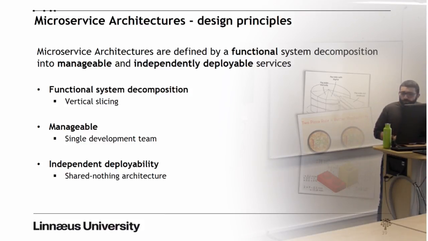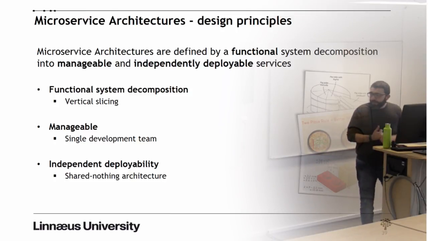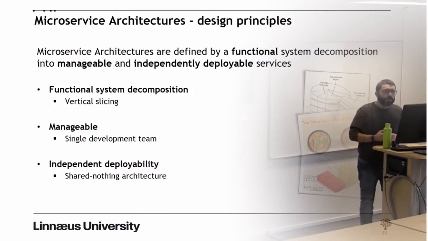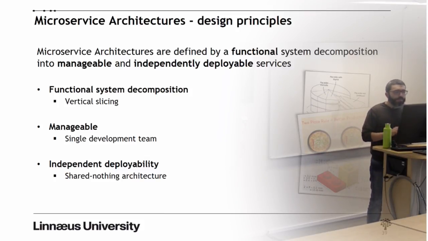Another very important aspect is independent deployability. There should be a share-nothing architecture. Every single microservice should be deployed independently of the others. They shouldn't share machines or virtual machines or memory or storage, nothing.